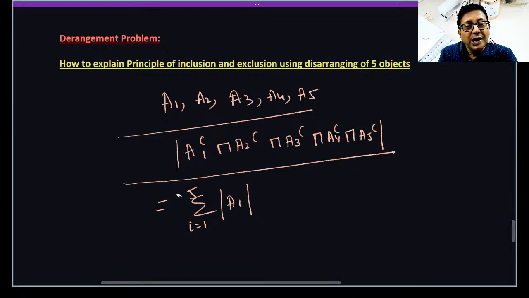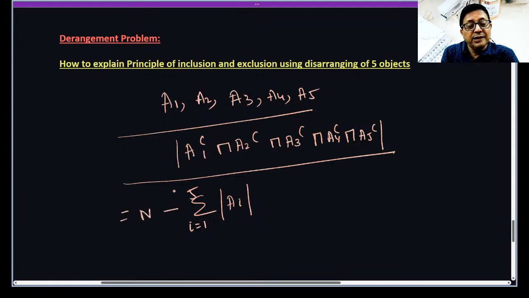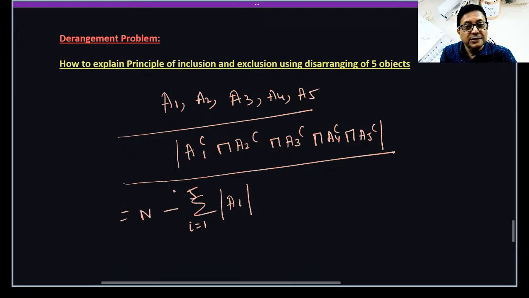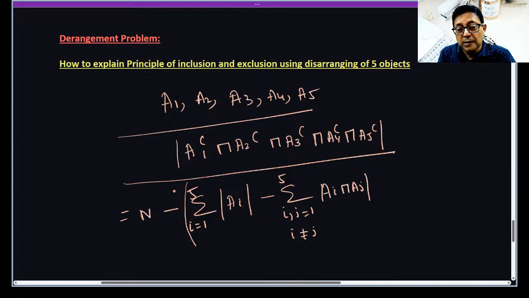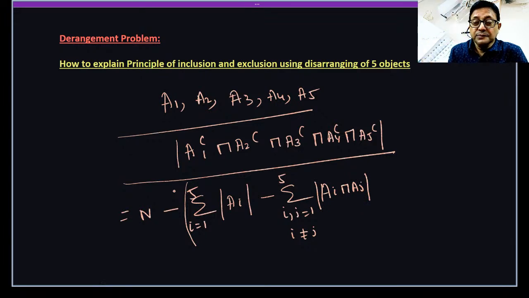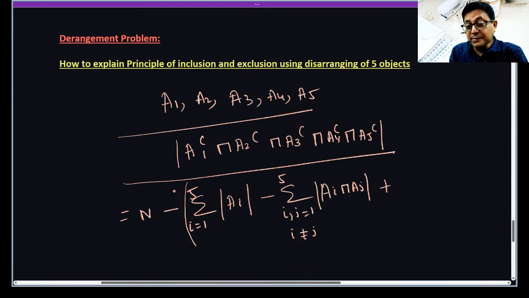Clear? And this has to be subtracted from n. Okay? From here you will subtract the case, okay, then you will add this thing. I am telling the formula, then I will explain the concept.